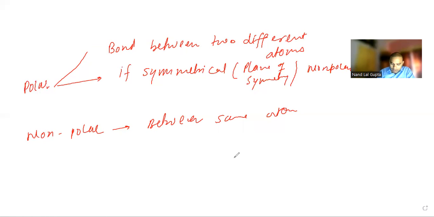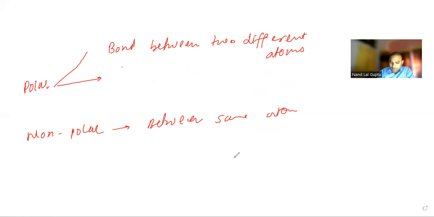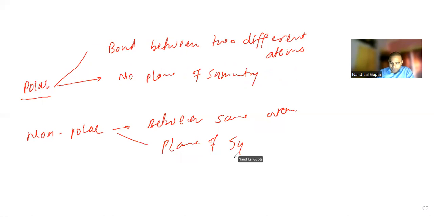In the case of polar, there should be no plane of symmetry. And here there should be a plane of symmetry. Now we have to apply these two things.